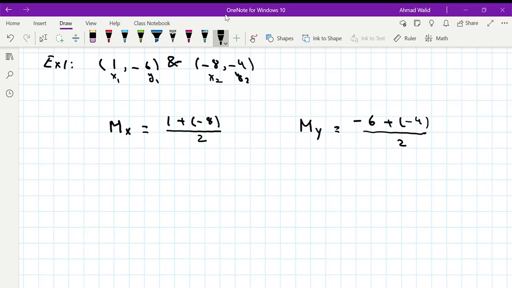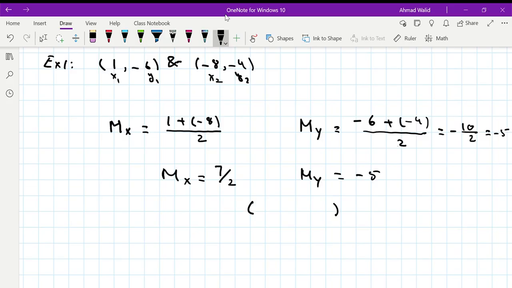1 minus 8 gives you -7 over 2. Correct? This is your midpoint at x. And here, -6, -4, -10, -10 over 2, right? Which gives you -5. That means your midpoint at y is -5.